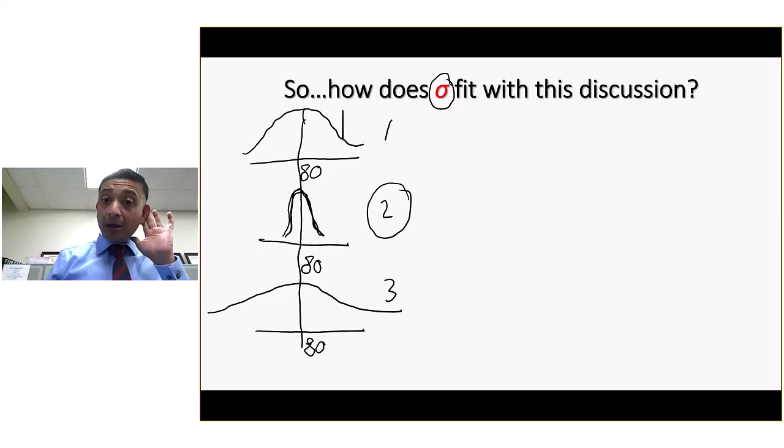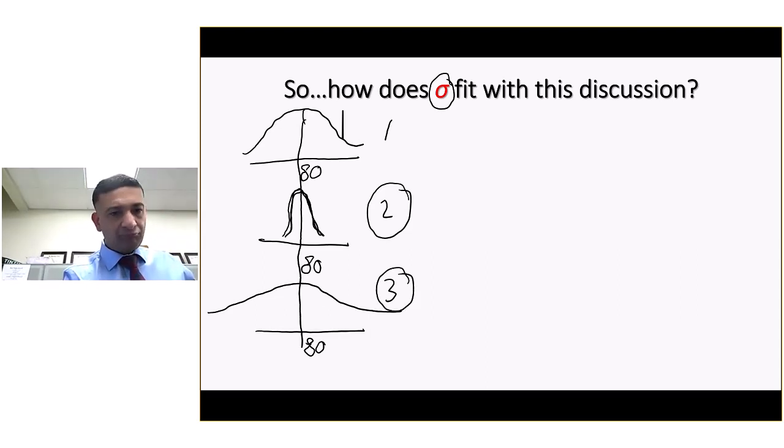And by the way, what did we call that thing? Variability, or sigma, right? Sigma is a measure of the spread in the data set. Spread around what? Spread around the mean. The more spread the data set is, the harder it is to make decisions. So as an example, in the third case, you have a mean of 80, but it is a very, very wide spread.